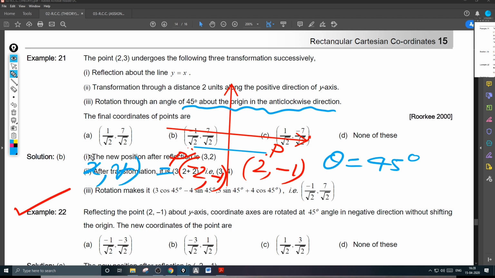Then whether ours is correct or his is correct, in the previous case he has taken capital X, capital Y. Now you have to find out capital X, capital Y. Come on, find out please.